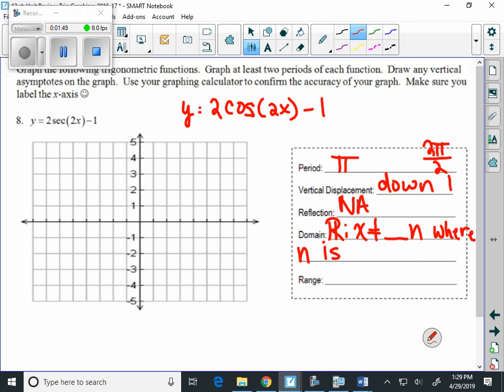So when we go ahead and start to graph, let's put in our midline here at the down 1. Not dealing with phase shift. So if we need to, we can have that in there. But we're going to graph like we're graphing a cosine function.